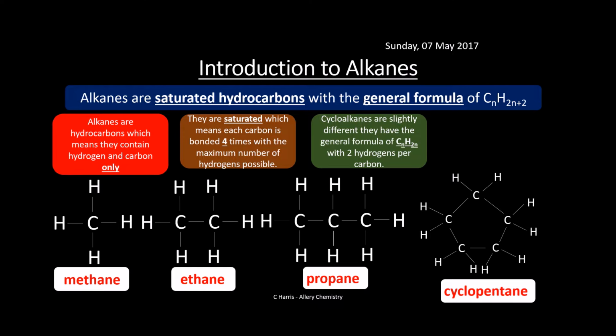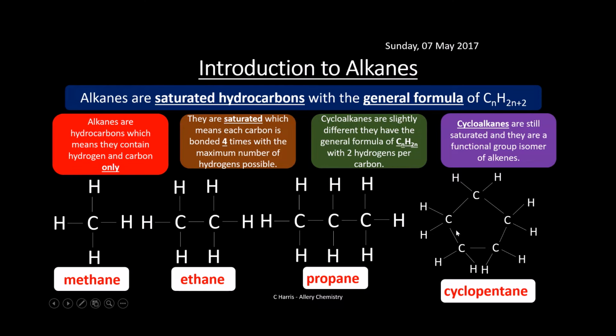They are still alkanes, but as long as you're aware of that, that's obviously quite important. These are functional group isomers of alkenes, and like I say, they're still saturated, because they don't have that alkene group. So that's basically what an alkane is. They make really good fuels, actually. Obviously, you can burn them, which you'll find out in a minute.